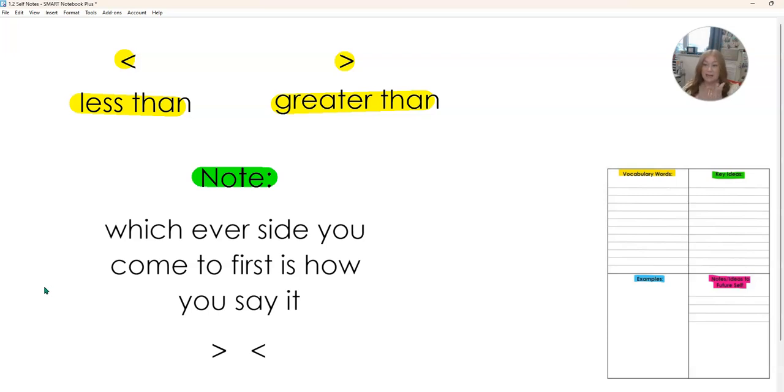So you say it like you read it. Just as you come to it, you can also read it backwards. So that might be a note to yourself. So if I read backwards, I could say this number is greater than this number. This number is less than this number. So whatever you come to first, whether you're going forward or backward, that's how you say it.